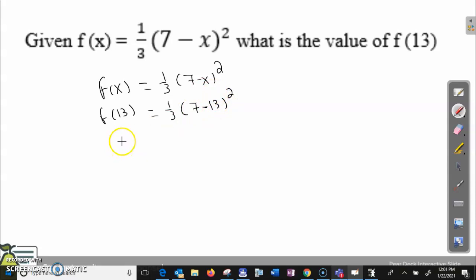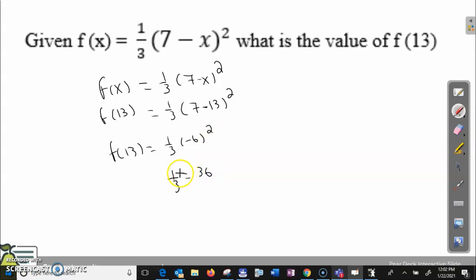So by hand, here is what you're going to do. You're going to plug in. So f of 13 becomes 1 over 3, 7 minus 13, that's -6, and then squared. From here, you square the -6. -6 times -6 is 36.